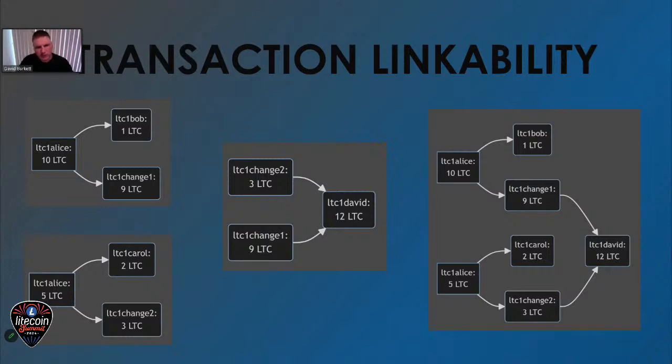There can be more complicated scenarios where you don't reuse addresses and you still end up with a very simple diagram like this. But even though she's using separate change addresses, if she then spends those change outputs together, then everybody knows that change was hers.